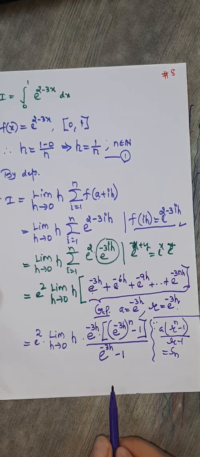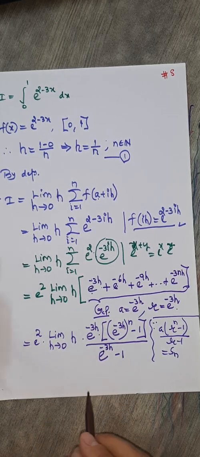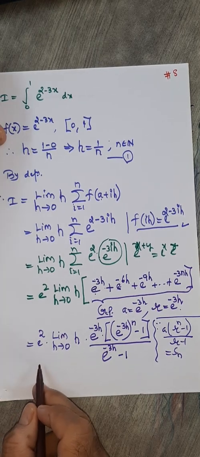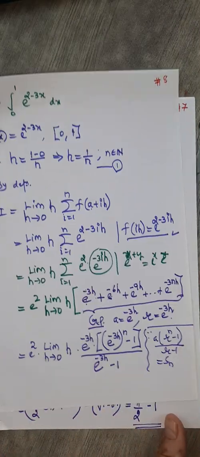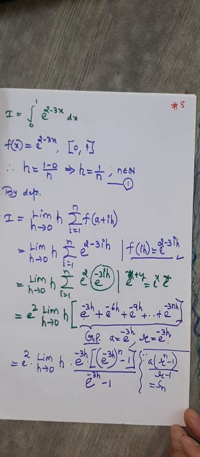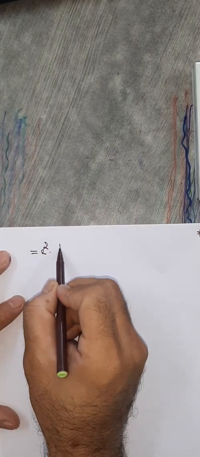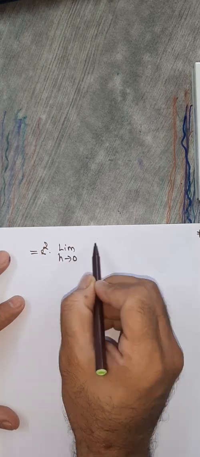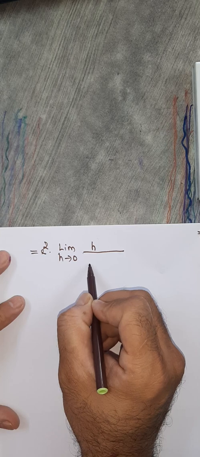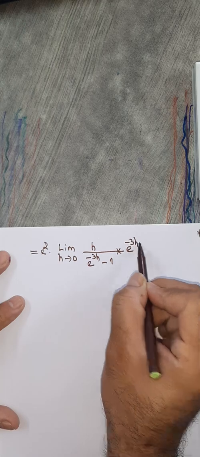Now, if you remember, what we do is take this h with this. So the next step is e square as it is, limit h tends to 0, h upon e raised to 3h minus 1, e raised to minus 3h as it is.